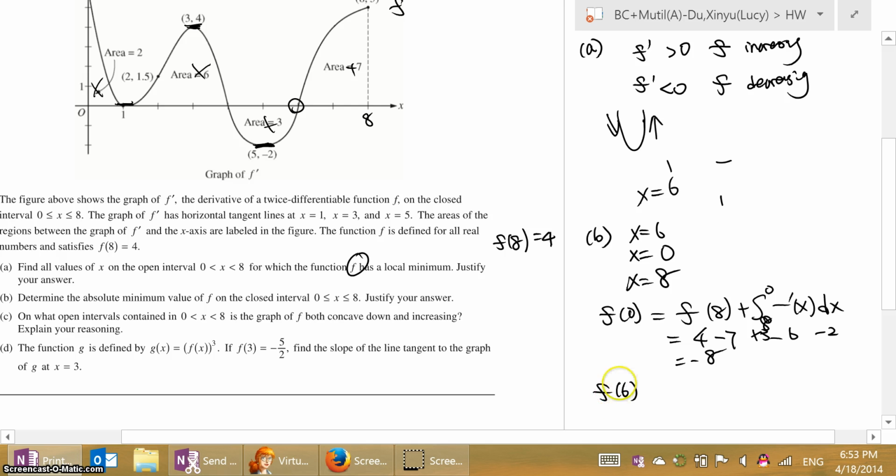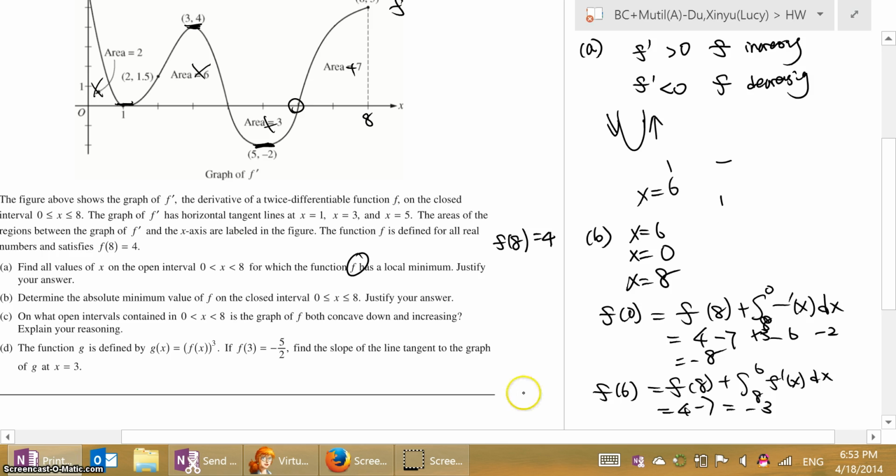Then for f(6), in the same way we use the fundamental theorem of calculus: f(8) plus the integral from 8 to 6 of f prime x dx, and we got 4 minus 7, negative 3.